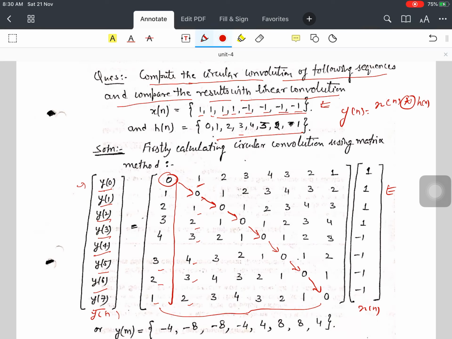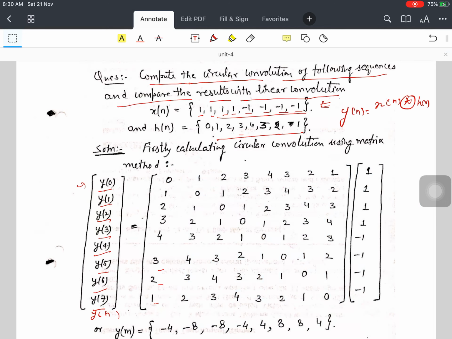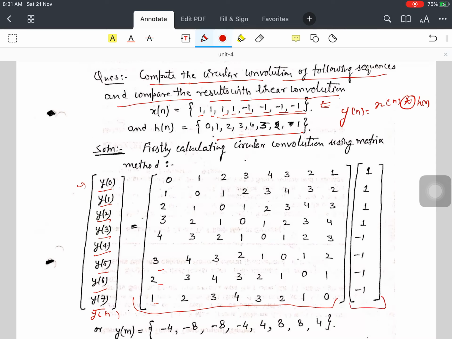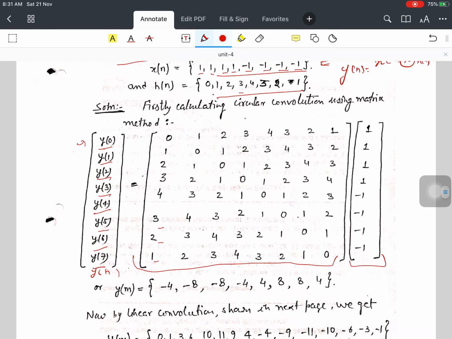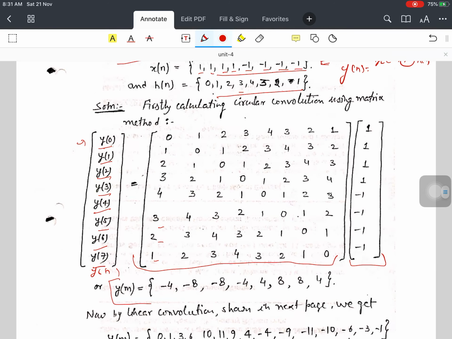We have one matrix over here and one matrix over here. Now, we have to multiply these two, and we will get y(n). This will be the result of the circular convolution.